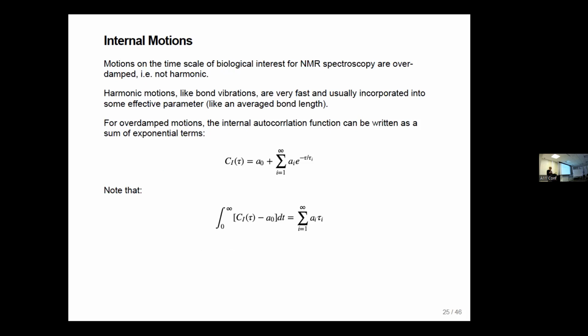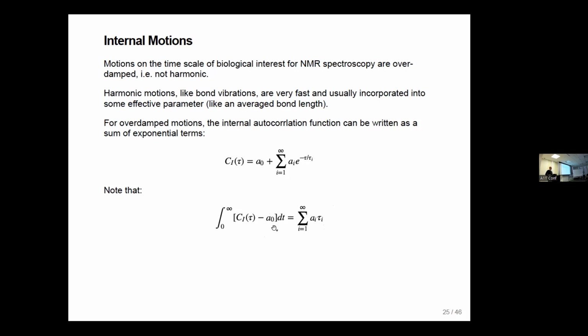And that depends on the stochastic process for internal motion. Again, if fast bond vibrations go into the average, then everything else is overdamped. And that means the autocorrelation function is going to be a sum of exponentials. And we can always define a mean correlation time by taking the integral.